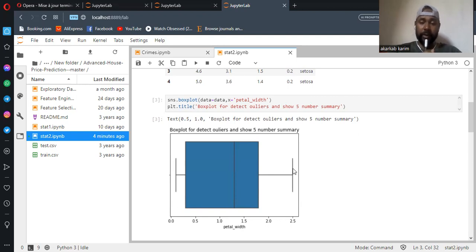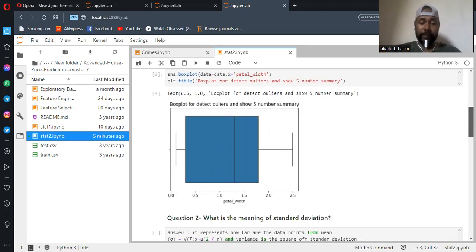That's what are called outliers. The main purpose of the box plot is to detect outliers visually. We can do that when we see these dots outside the box, the extremes of the distribution of the data. That's what are called outliers.